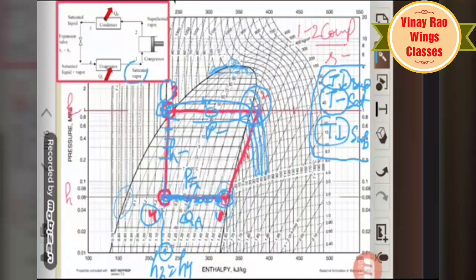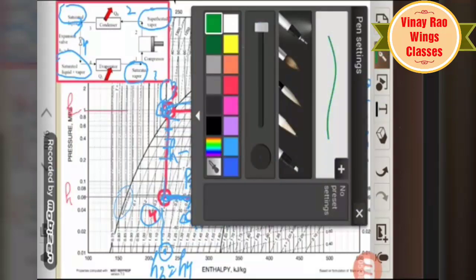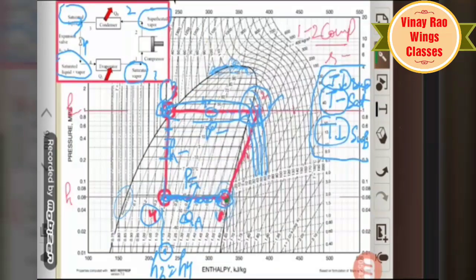This is the Vapour Compression Refrigeration System PH chart, which is the most important.